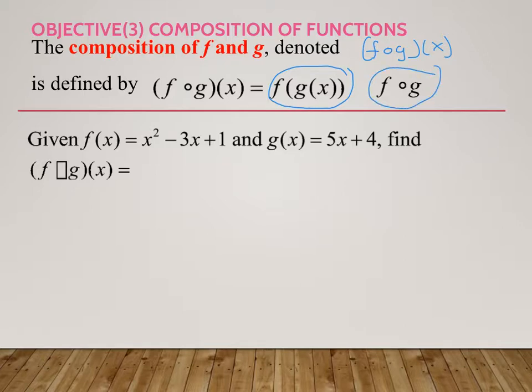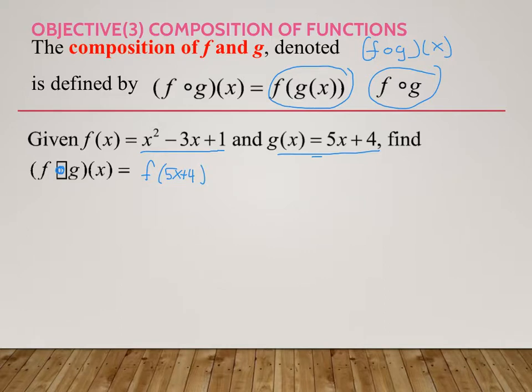Given the following equations, f of x is x squared minus 3x plus 1, and g of x is 5x plus 4, find the composition f of g of x. So now what we're actually asking for is f of g of x, where g of x is 5x plus 4.